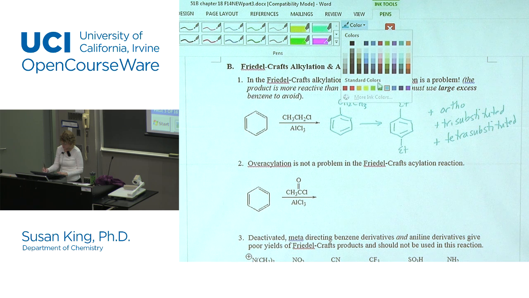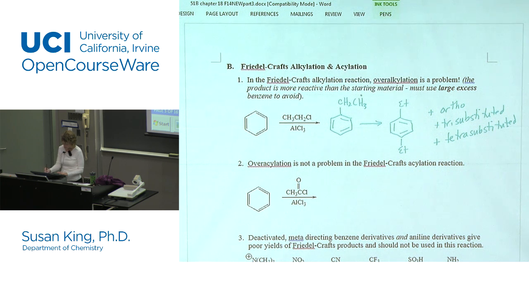Big problems here. The whole thing is about this being an activating group, so the product is more reactive than the starting material.